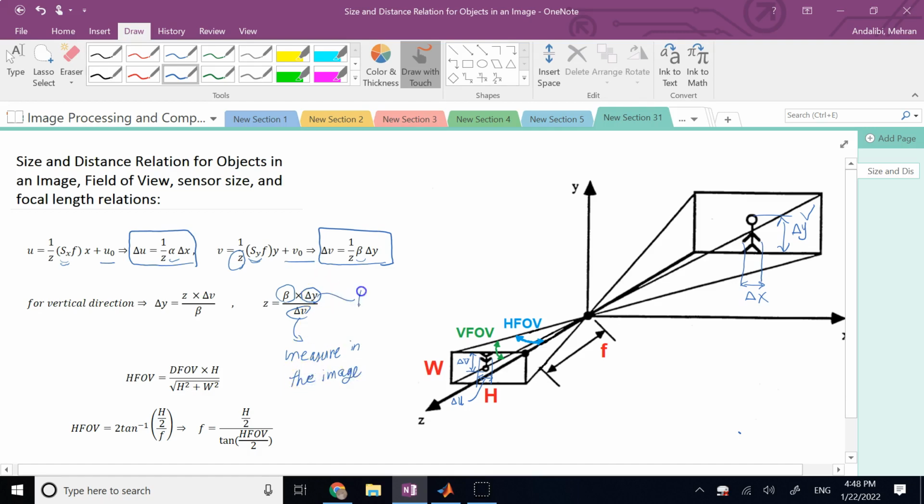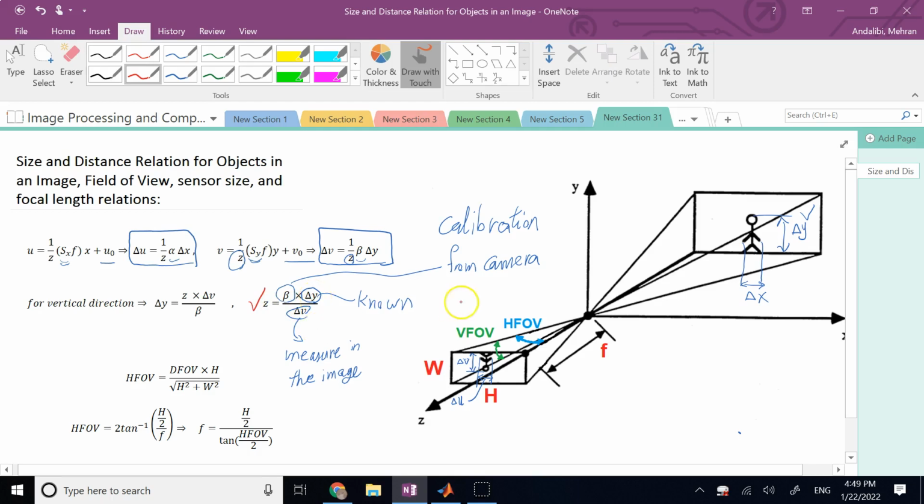This delta y is known, and this beta you get it from camera calibration. Can I retrieve the depth or the range? The answer is yes. All you need from this formula is to solve for z, which gives you this second formula. Z is equal to beta delta y over delta v.